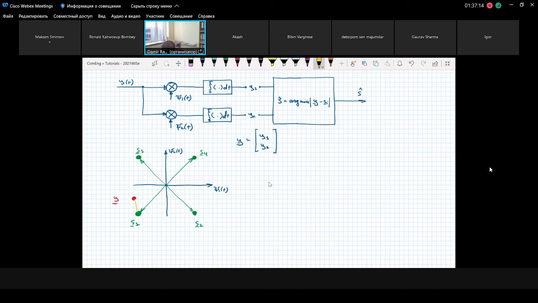So it was y minus s1. Yeah, it will be a vector pointing in this direction. Then it was y minus s3. It will be such a vector. Then it was y minus s2 and y minus s4. So we calculate all these vectors.